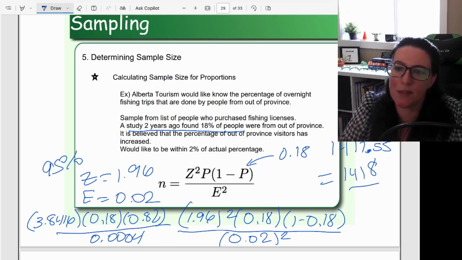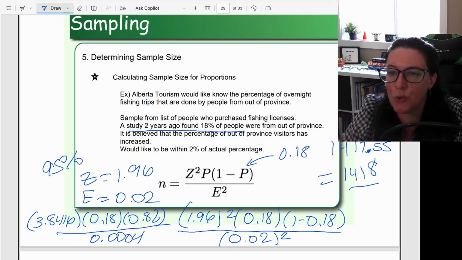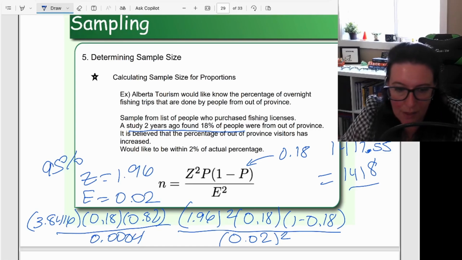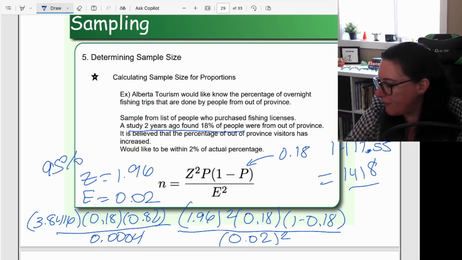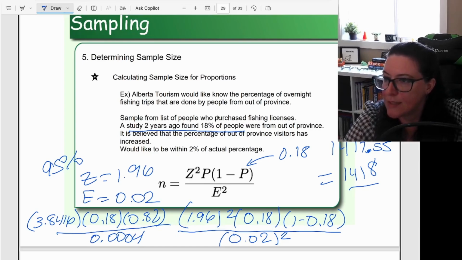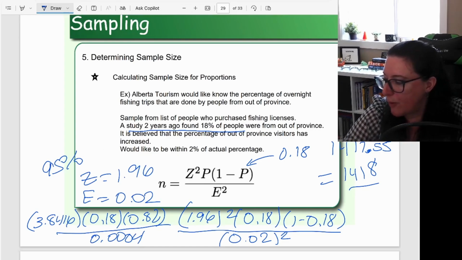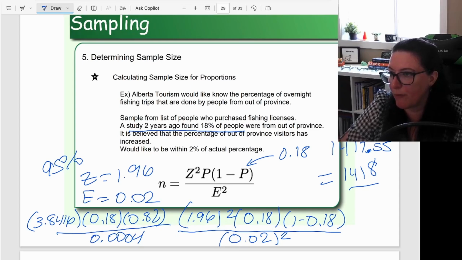And you need a sample size of 1418 because you believe the proportion is about 18%. Notice that if we change this to 0.5, so if we redid this calculation, it would still be 3.8416 times, in this case, 0.5 times 0.5.